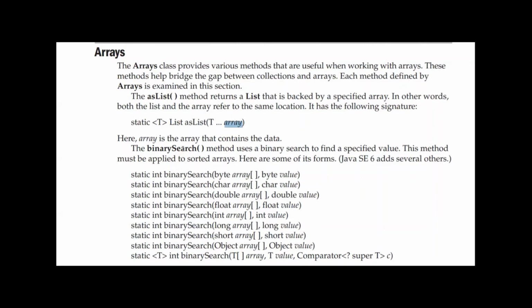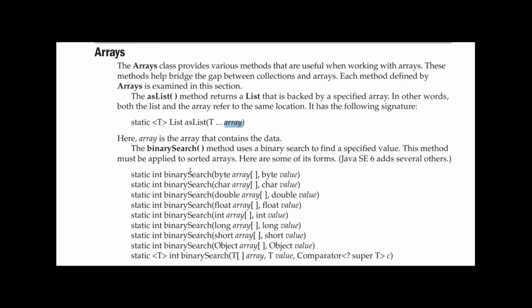Then on any arrays, we can use the binarySearch method, which uses the binary search to find a specified value. This particular method has been added from Java 6 onwards. This method should be applied on a sorted array only. So binary search can be performed on a sorted array.